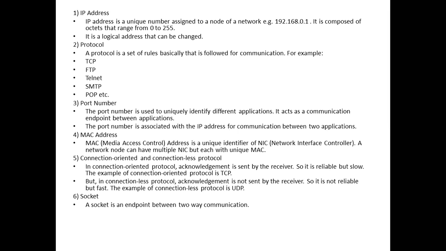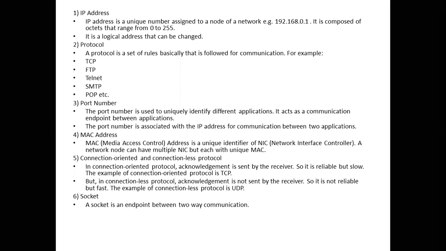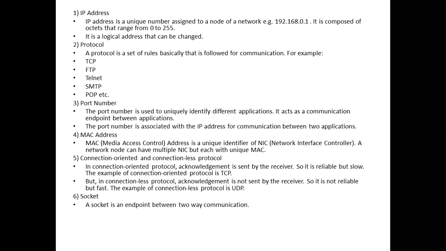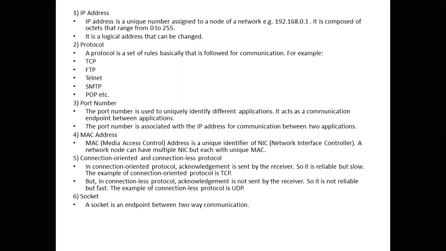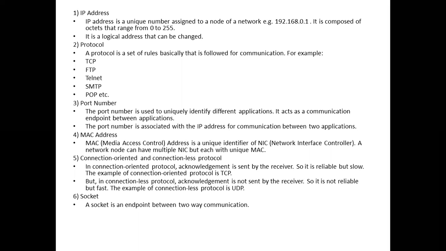Third one is your port number. The port number is used to uniquely identify different applications. It acts as a communication endpoint between applications. Like if we want communication between two applications within a system, we can assign that particular port number.